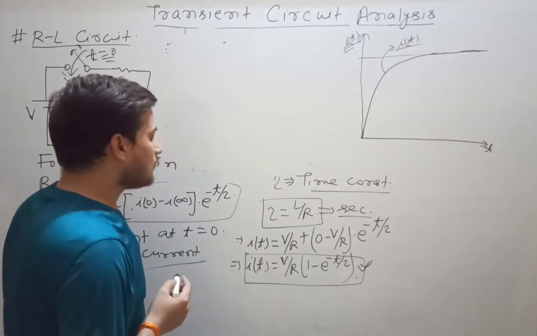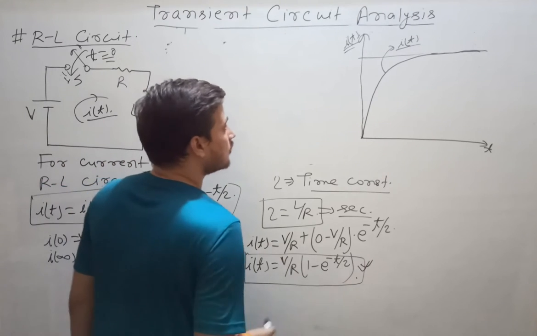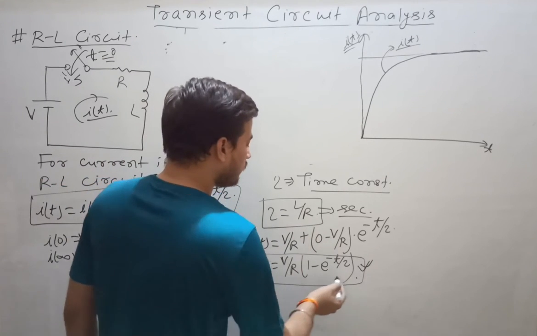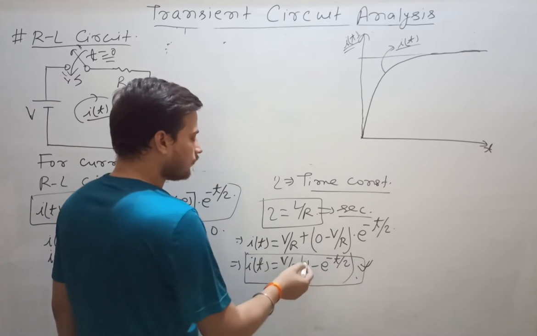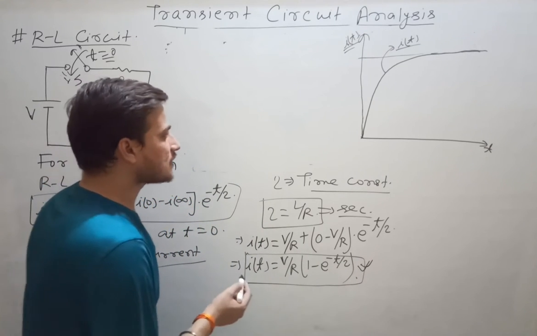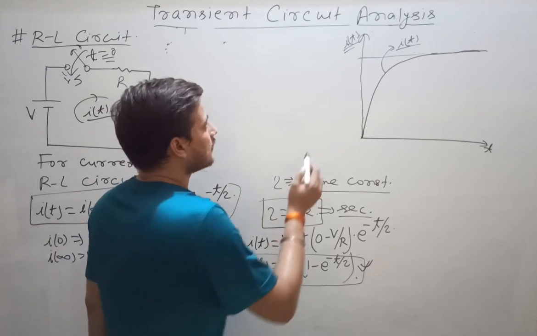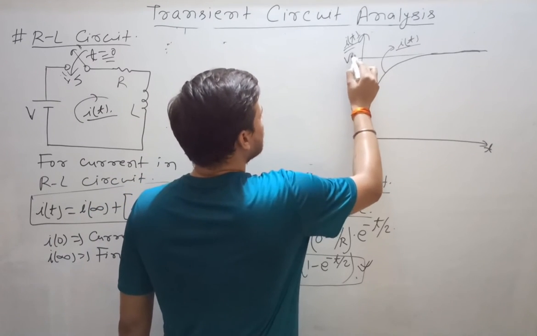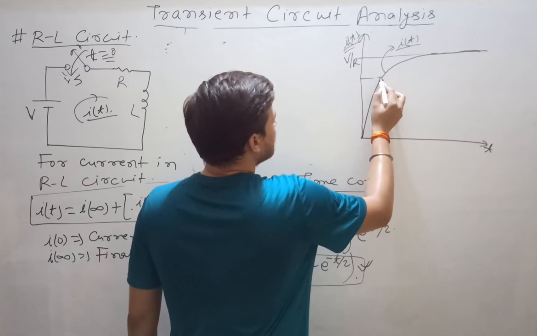Now one time constant is defined, tau. So tau is equal to what? If you put t equal to tau, then I(t) will be equal to 0.632 V by R. That means the final value here is V by R, and you get the time constant tau here.